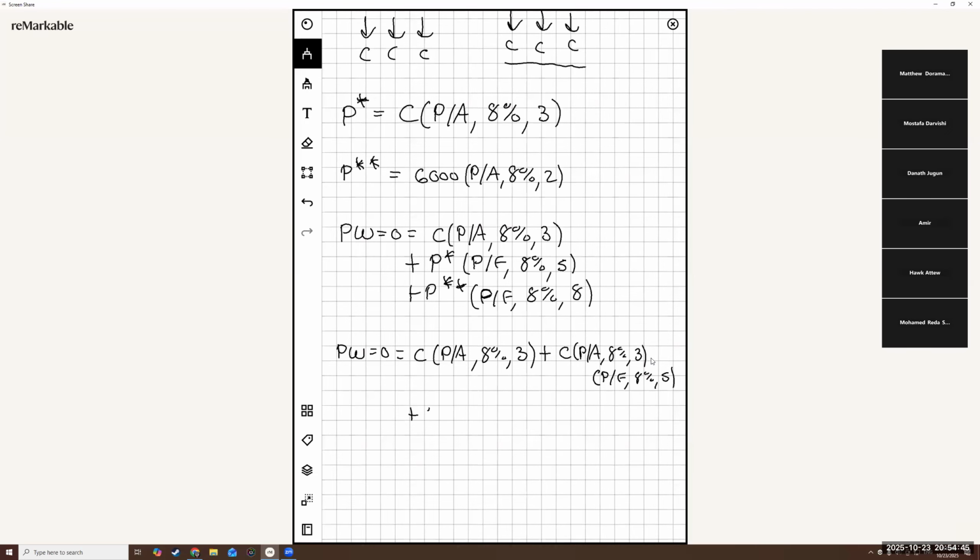And then plus 6,000 P slash A, 8% 2, P slash F, 8%, 8. Okay, that's our formula.